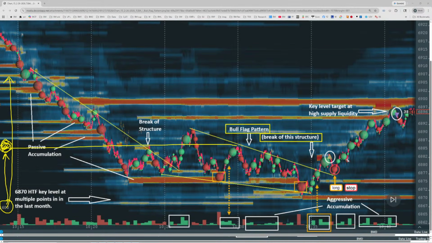It's really helpful because then you can start to go, aha, I see it. I know that this is bigger than these others, so I know that buyers are now coming in, and they did break structure. They broke a horizontal, they broke this diagonal.